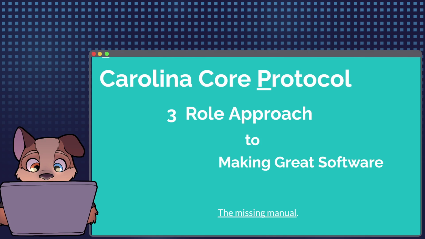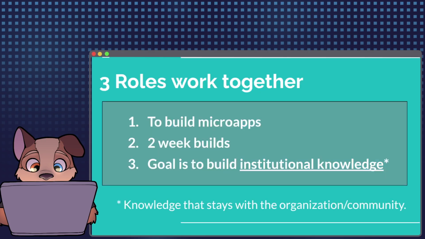And I think one of the core elements of the Carolina Core protocol is this three-role approach to making great software. I think about this as the missing manual for how to encourage people to work together to build software. Because you really want these three roles to work together to build micro apps, to do it in 2-week builds.